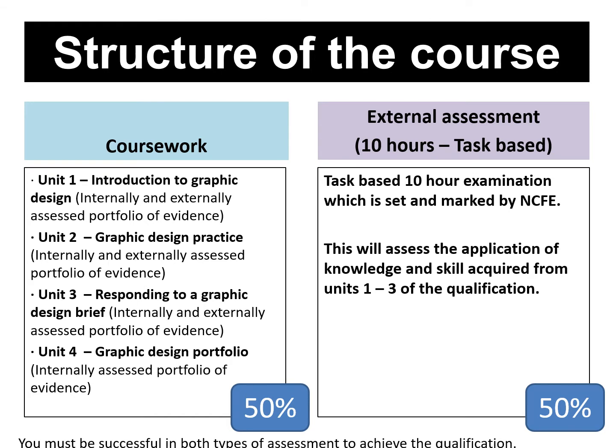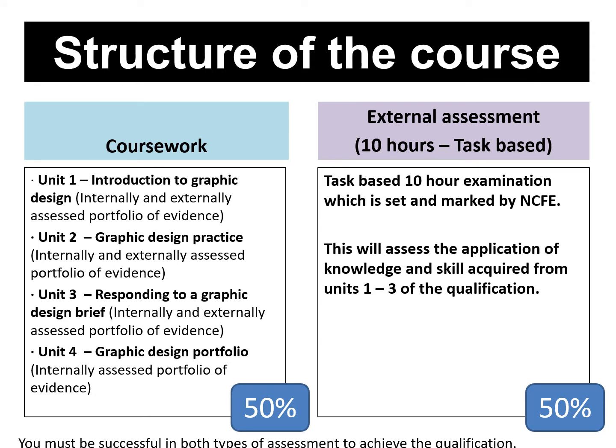So there's unit 1, where we look at the fundamental components of graphic design. Unit 2, where you get to focus on one of the areas of graphic design that you're particularly interested in, and you will do a study about a designer. Unit 3, you will get given a design brief that you get to respond to. And then Unit 4 is a graphic design portfolio of all of your work.